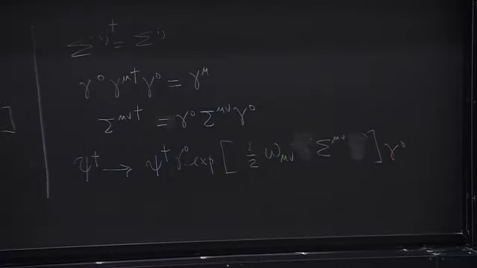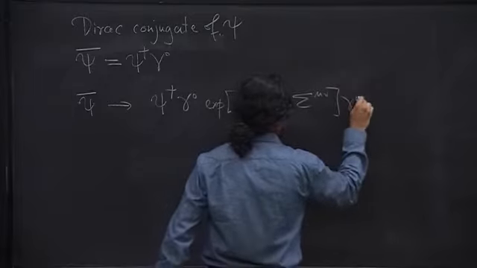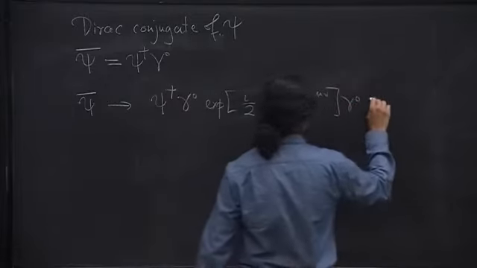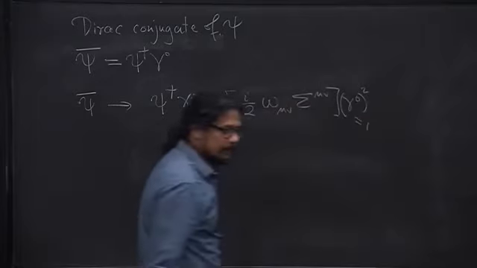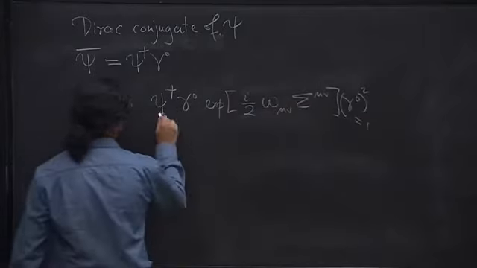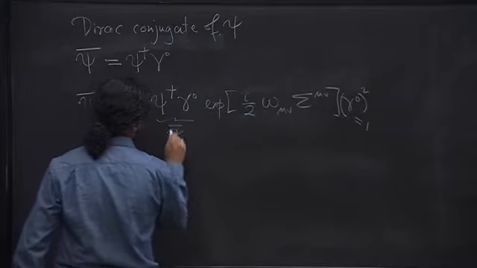Psi dagger transforms like this: there's a psi dagger, then a gamma 0, and the exponential of i by 2 omega mu nu sigma mu nu, gamma 0. And now there's an additional gamma 0 here. So this is gamma 0 squared, which is 1, and this is just psi bar.